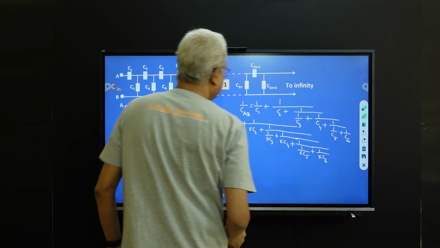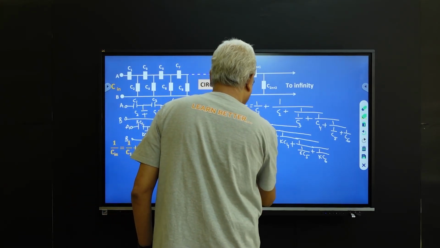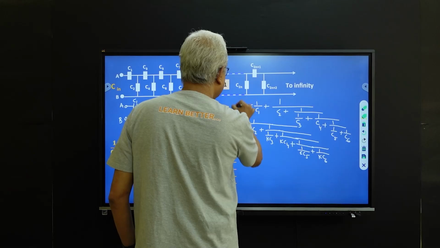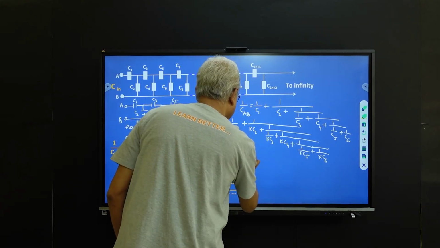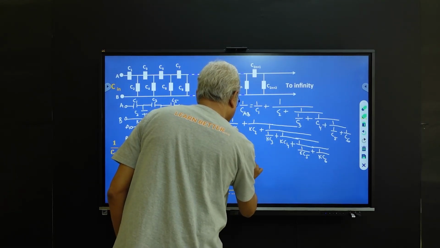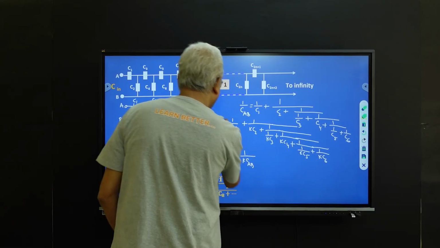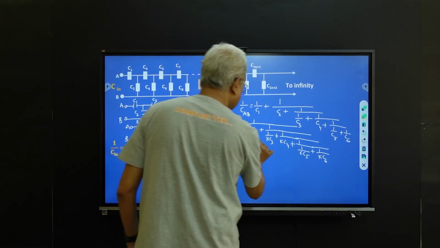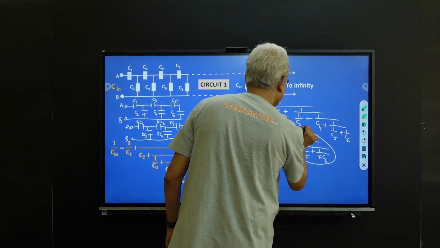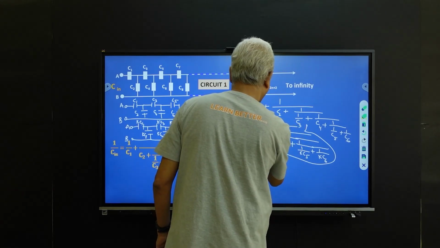Now see, if I multiply this expression by 1 by K, then what will happen? Up to this there is no issue. This expression can be readily written.